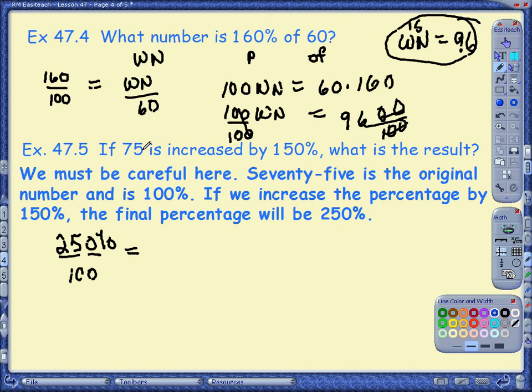Okay, this is the base. In these problems, this is the base or the original number. This is the of number, often called the base. It's also the original number, the thing that we're starting with. So this 75 is going to go here, and we're missing the new number.